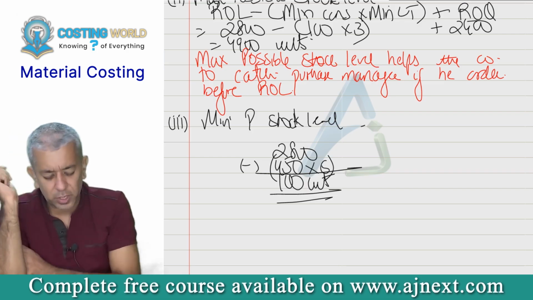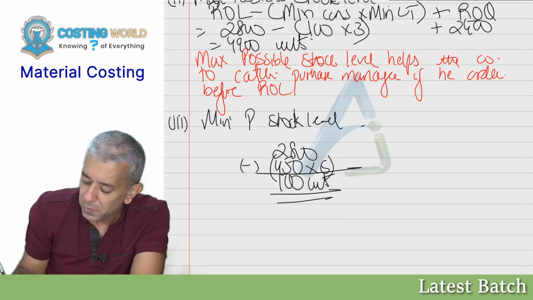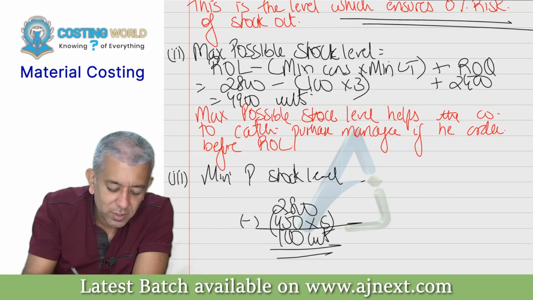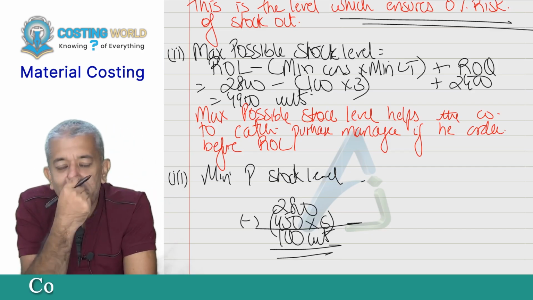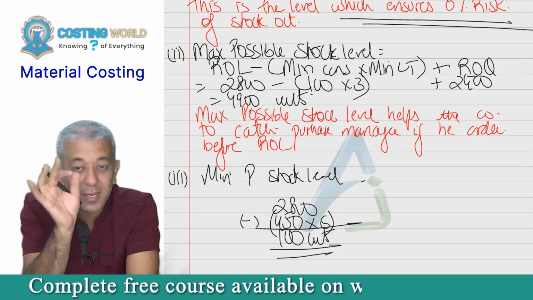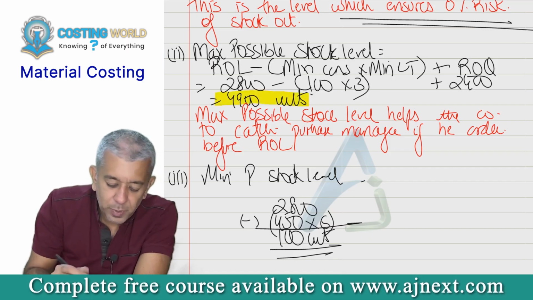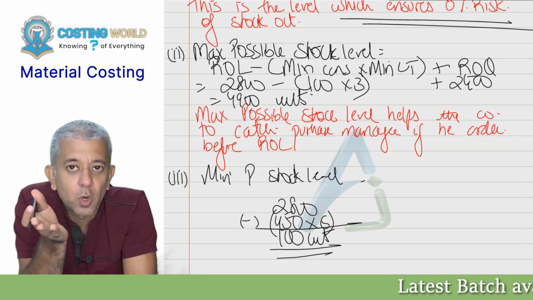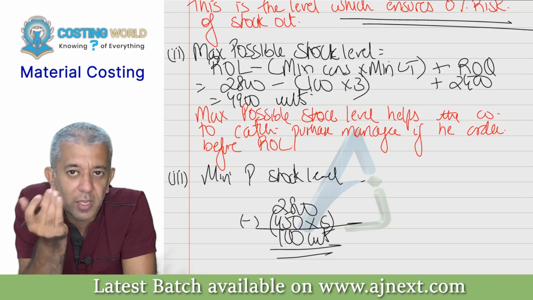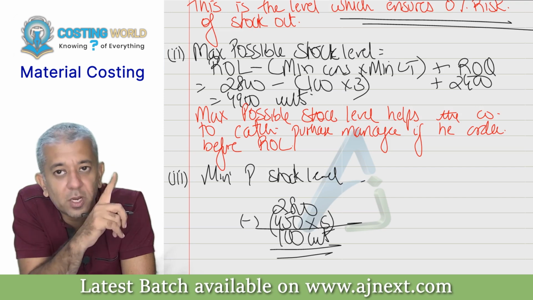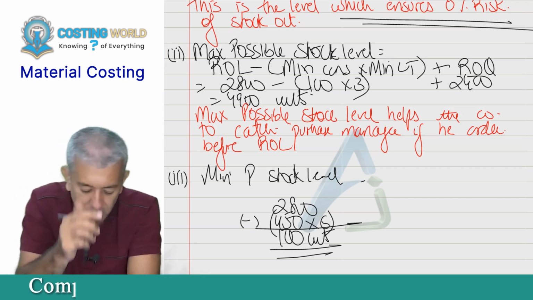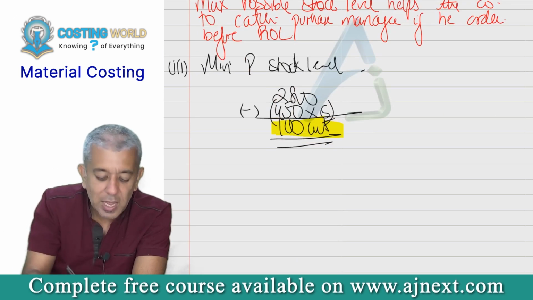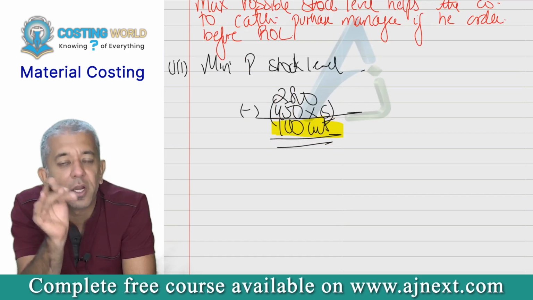So minimum possible stock level is 100. That's all perfect. But now, what is the use of maximum possible stock level? I told my purchase manager, if ever actual stock is above 4900 units, you are gone, because if the stock is above 4900, he must have ordered before reorder level.